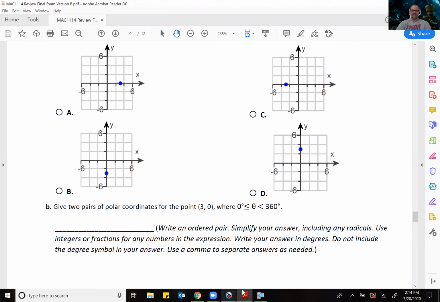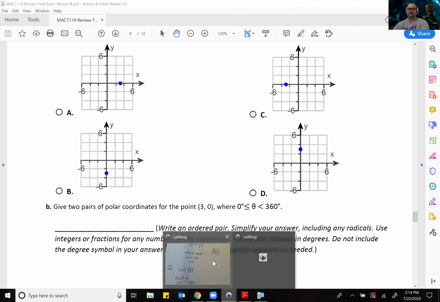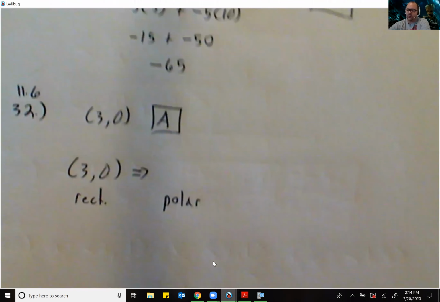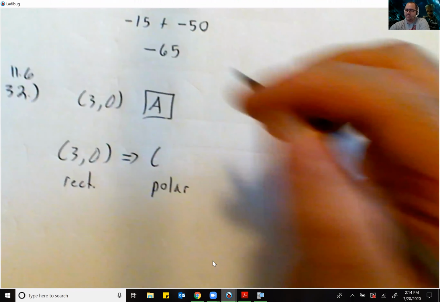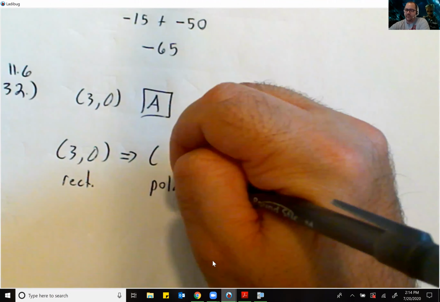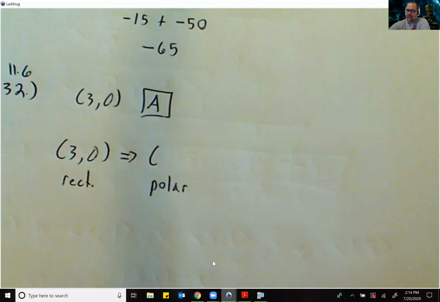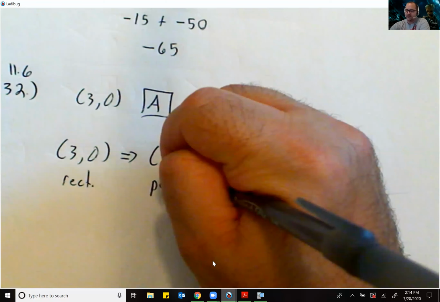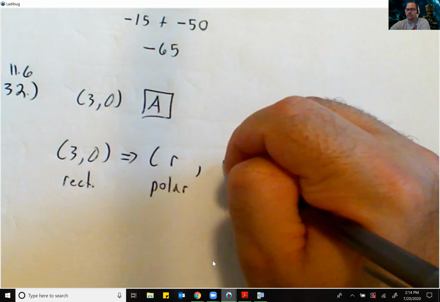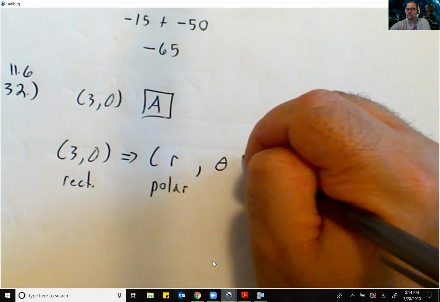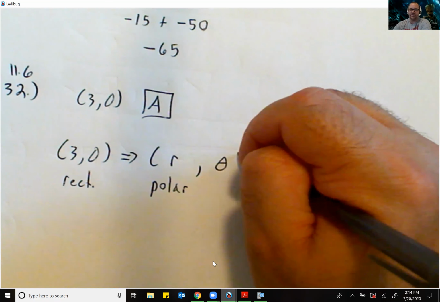And that is, again, an equation where you're going to take the x coordinate, and what we need to do is turn the x and y into the radius. And then you're going to need to find the angle. Again, these are going to be formulas.